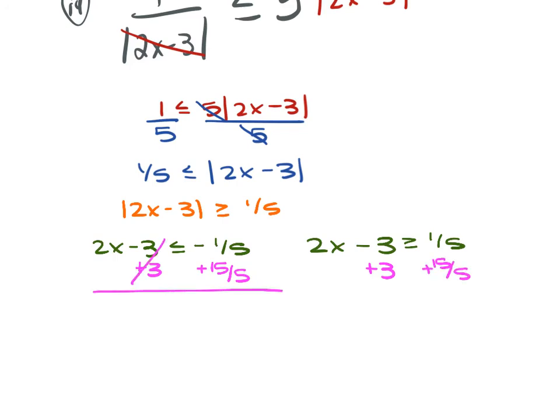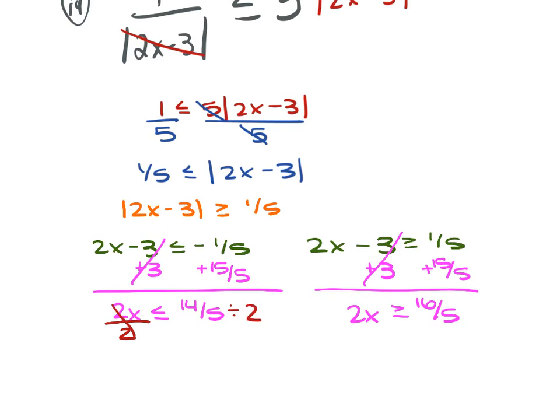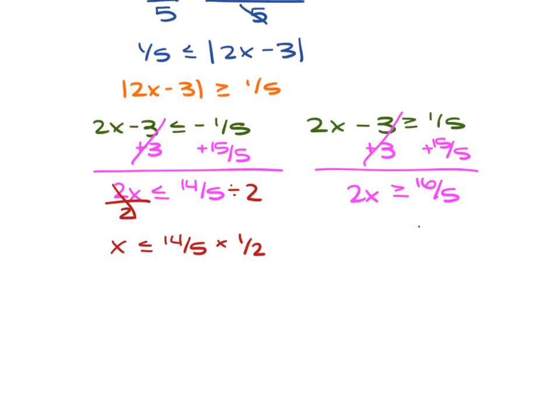So these 3's cancel out, so we're going to have 2x is less than or equal to 14 over 5, as well as 2x is greater than or equal to 16 over 5. I'm going to multiply each side by the reciprocal of that 2, so I'm dividing each side by 2, which just means that I'm going to multiply that 14 over 5 times 1 over 2, as well as that 16 over 5 by 1 over 2.